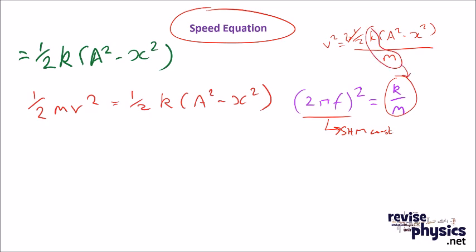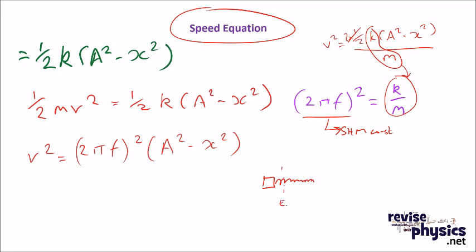So we can substitute (2 pi f) squared in for that k over m factor, and we end up getting that the velocity squared of our mass on the end of a spring, at any displacement x from the equilibrium position, is going to be equal to (2 pi f) squared times the amplitude squared minus that displacement squared.